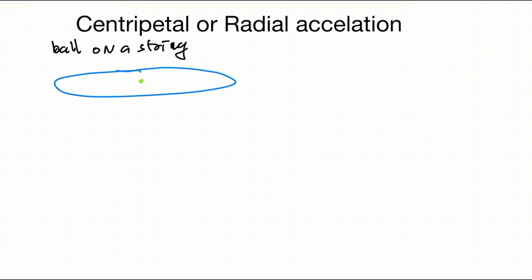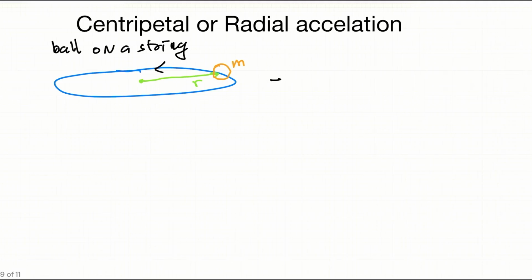This is where the string is attached. It goes out here, radius r, and we're going to make our ball right here. There's our ball. That's going to have a mass of m. Maybe it's a tennis ball or a tether ball or whatever type of ball it might be. And it is spinning around over our head. So that's the situation we're going to talk about now here.